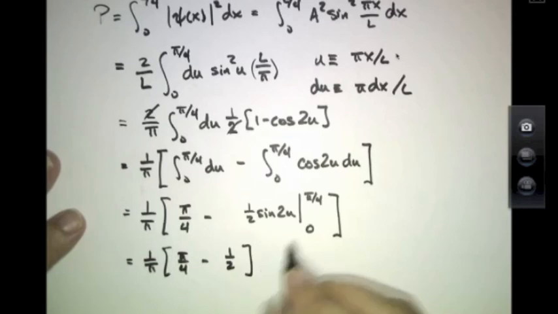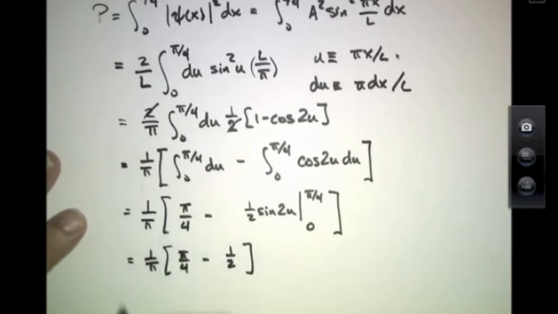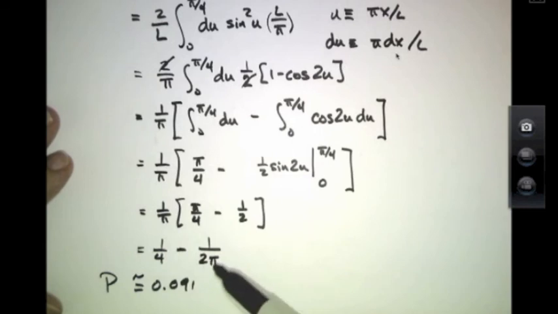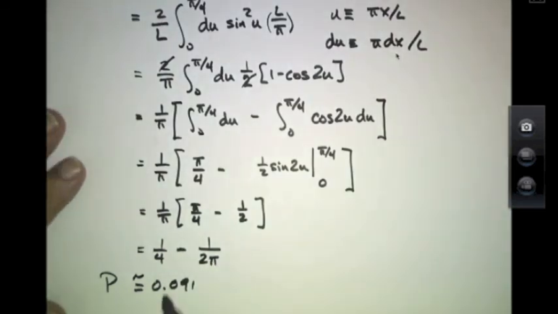And if I evaluate it at 0, of course, sine of 0 is 0. So notice that the probability is 1/4 minus a little bit, minus 1 over 2 pi. So that comes out to be, well, it's not such a little bit. It comes out to be a probability of about 0.09.